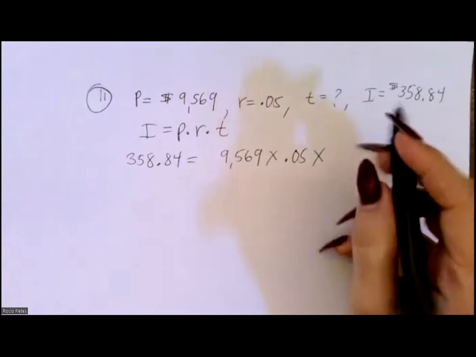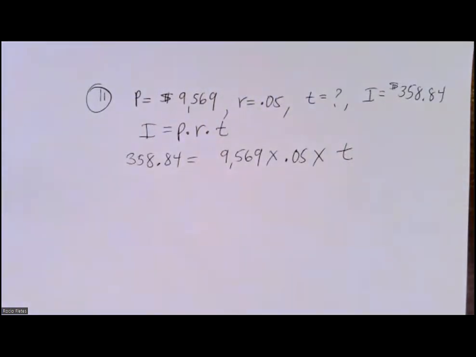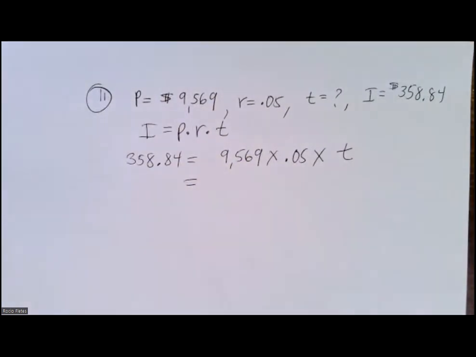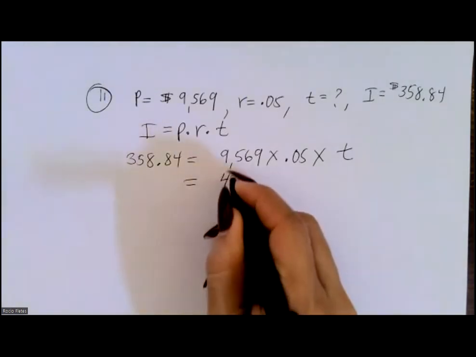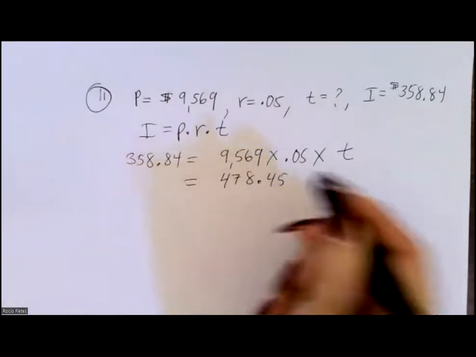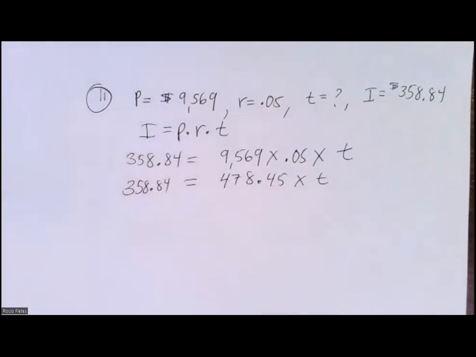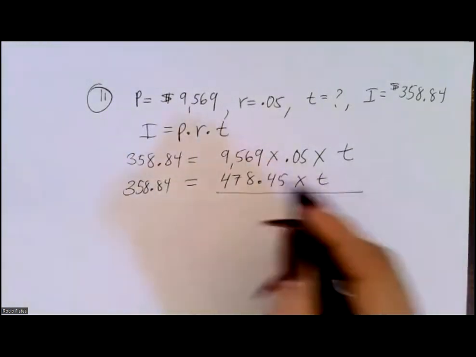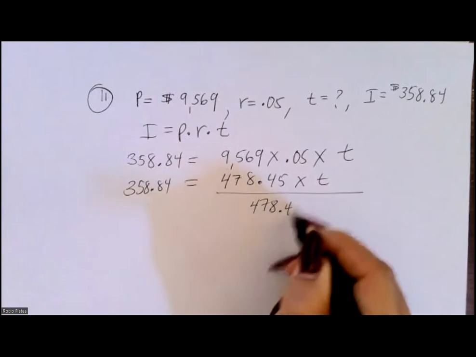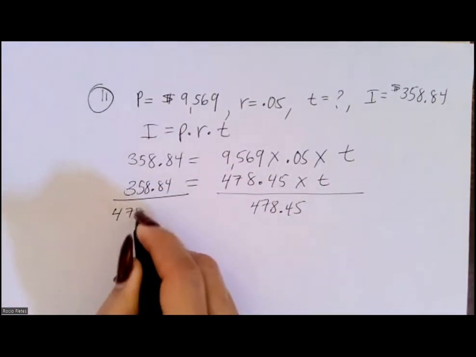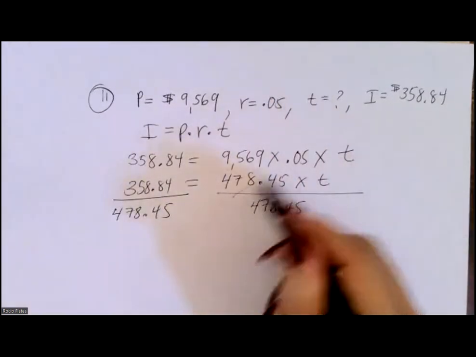And time is what I'm looking for, so T. I multiply 9,569 times 0.05, which gives me 478.45 times T, with 358.84 on the left side. Then you divide both sides of the equation by 478.45, which cancels it on the right side.